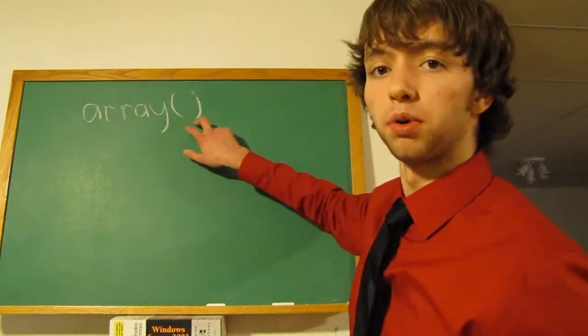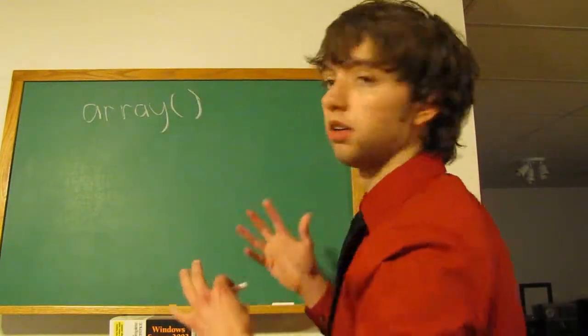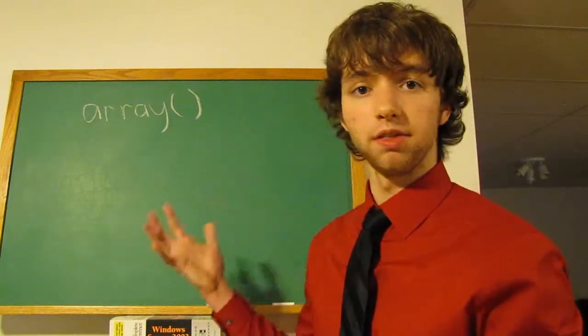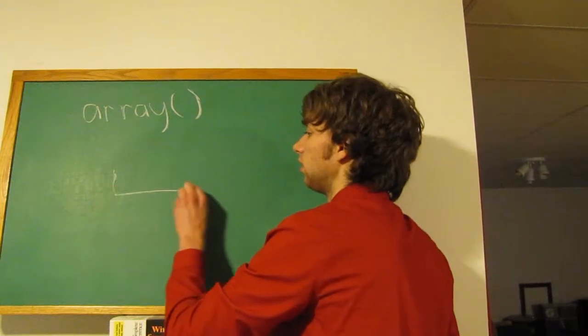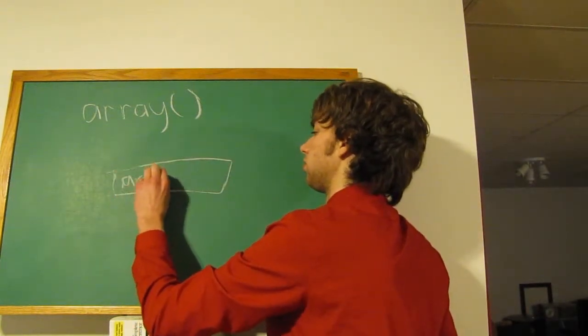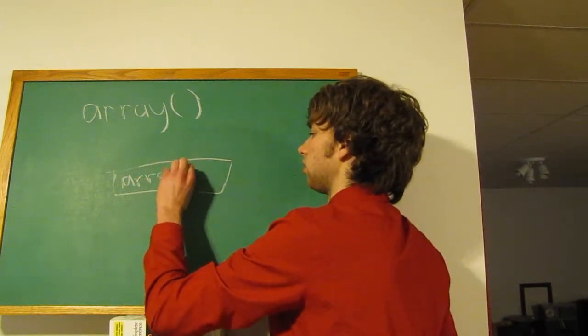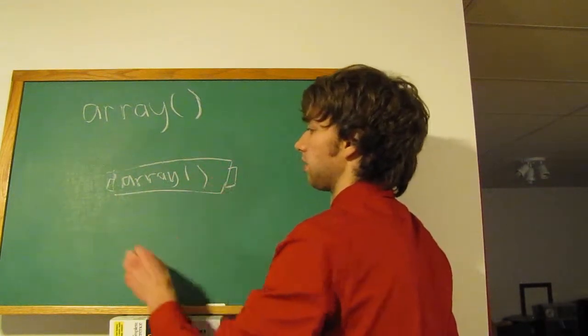These are parentheses. When we put these after a word, like this, we're calling the function. That means it's going to do its thing. So here is the array tunnel. And then we put a value in it, and it gives us a value back.